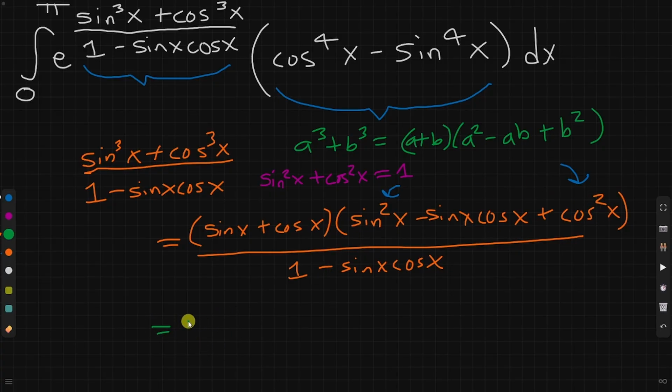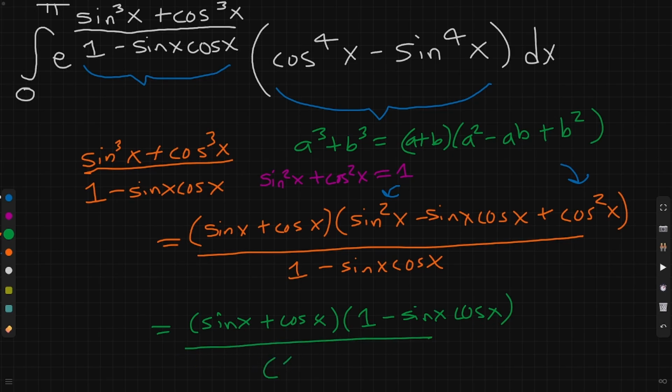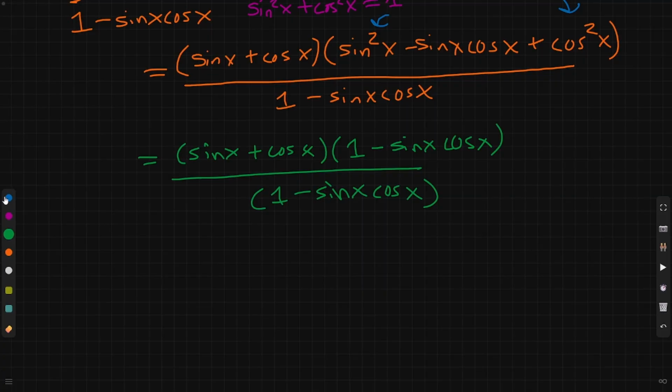So now we get sine x plus cosine x times sine squared x plus cosine squared x becomes 1. And then we have the minus sine x cosine x divided by 1 minus sine x cosine x. So now, as you can see, we have a common 1 minus sine x cosine x in the top and the bottom, so we can happily cancel that. Now all we're left with is sine x plus cosine x.